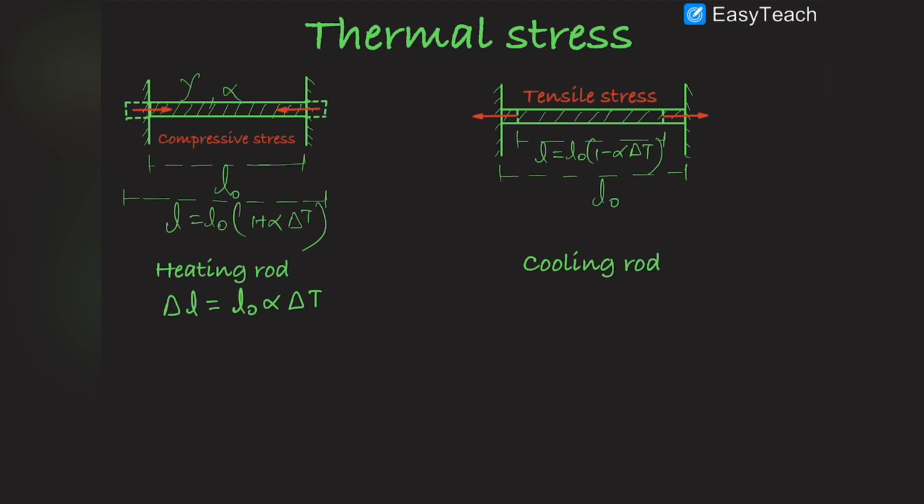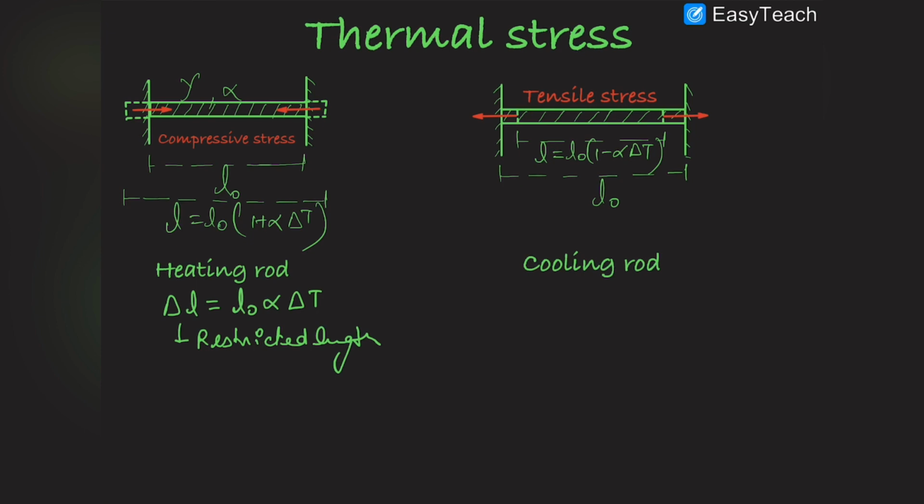Now we can see that due to the presence of these walls, this is the restricted length. The walls have restricted the rod from expanding by this length.